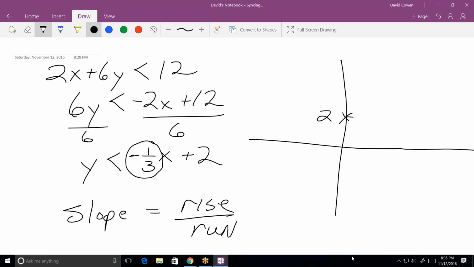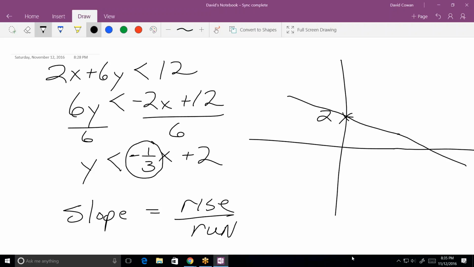I could also go down 1 and to the right 3. If I do that, I end up right about there. The key thing here is to know whether that's positive or negative. Is that a negative slope? That's positive. No, that's negative.